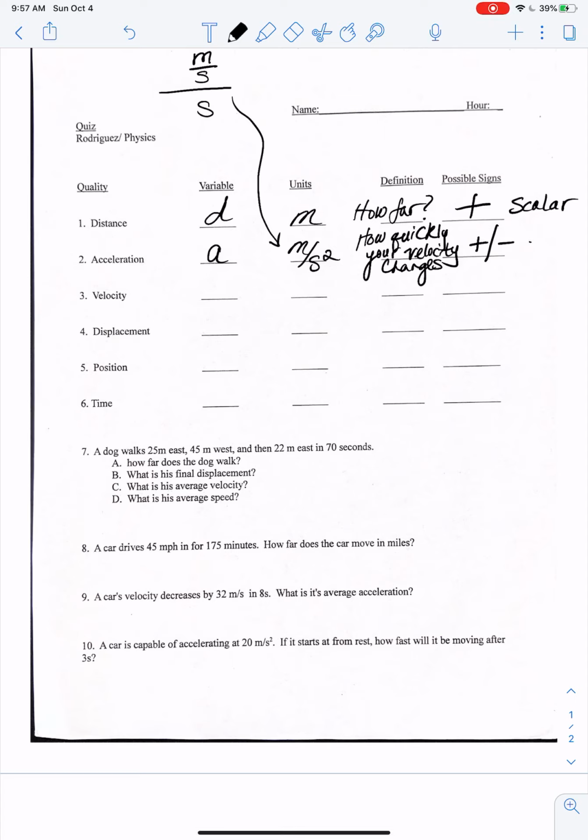This is a vector, so it can be positive or negative. All right, an acceleration's sign I'll talk about in a lecture here. It can be kind of tricky. Yeah, so I'll go into that at another point. Because you have negative acceleration or deceleration, and I just want to mention that in a different lecture.